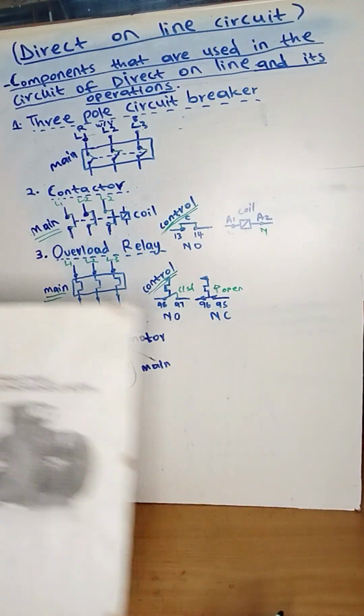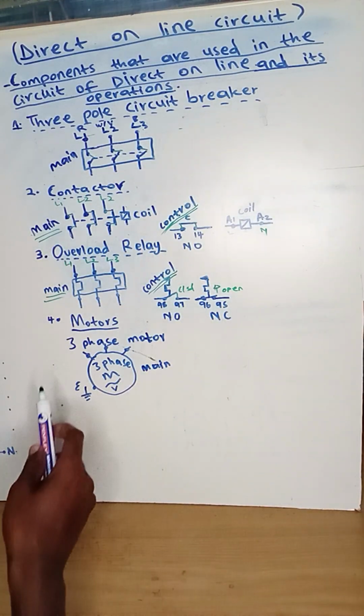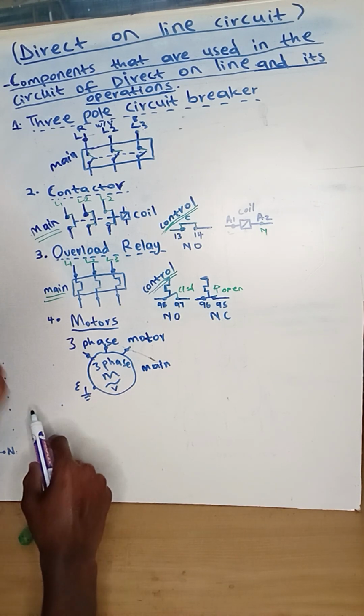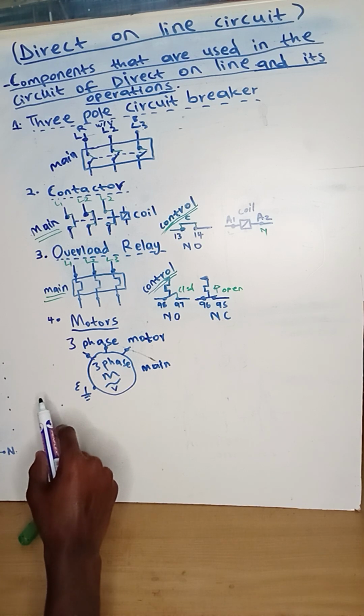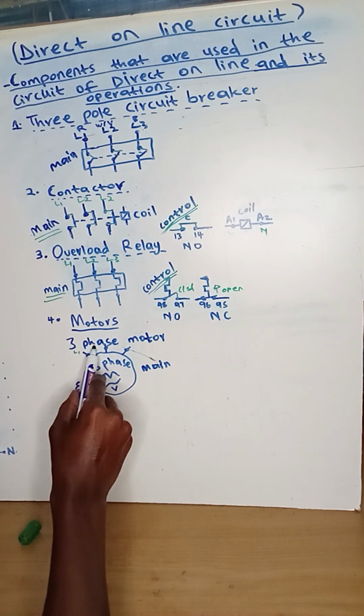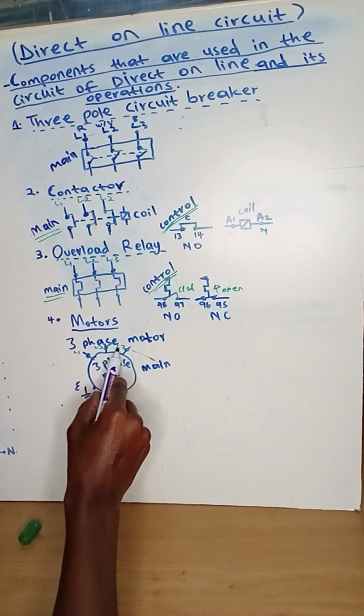The three-phase motor uses an alternating voltage, so it will also get live 1, live 2, and live 3.